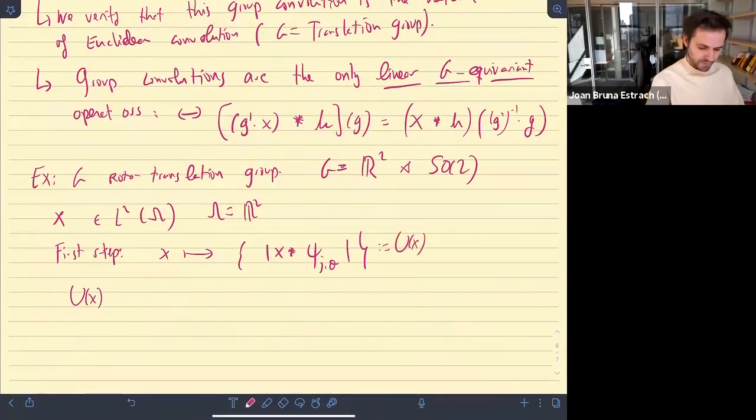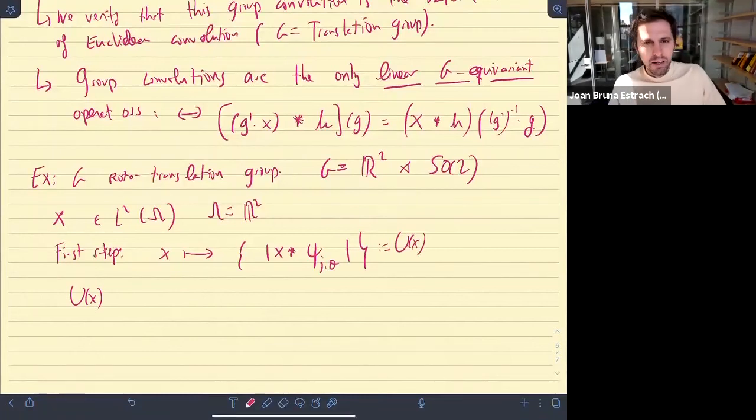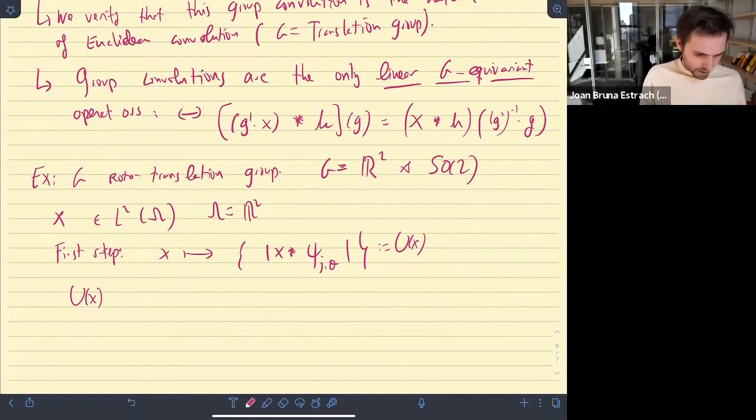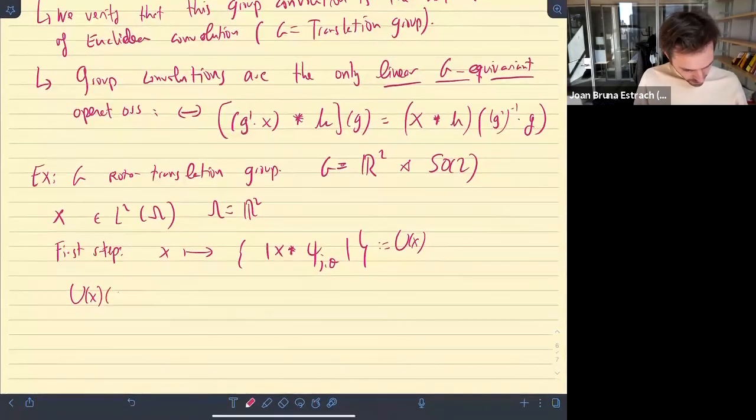UX. So now, instead of thinking of U of X as a family of feature maps, a collection of images, that's what we saw before, now I'm going to see it as an image over a bigger domain. So I can think about this as a function, let's call this U tilde. So U tilde has different coordinates now.